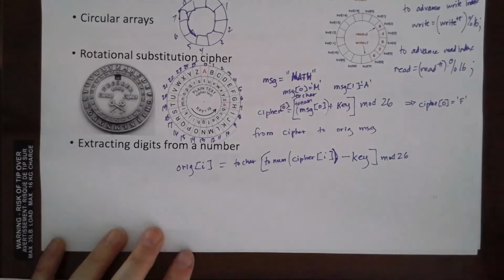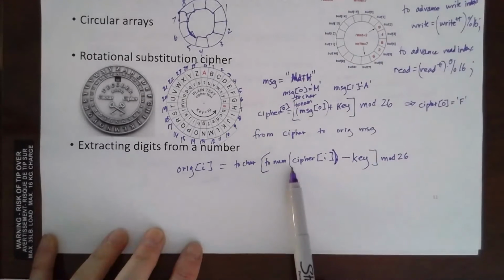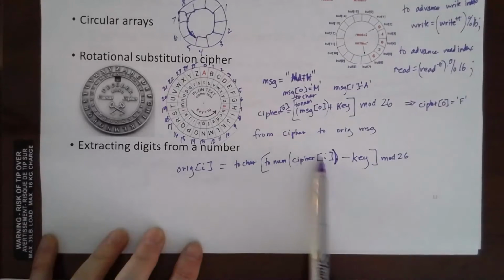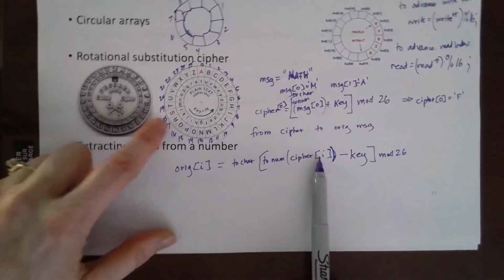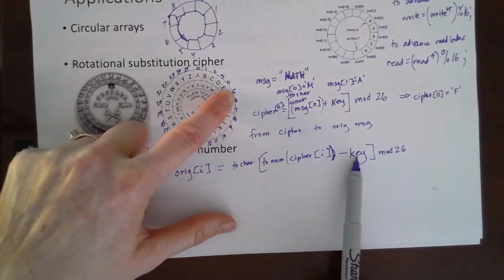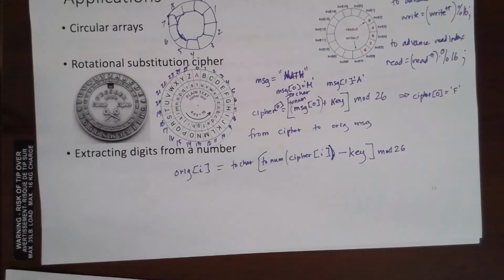So imagine we had this F here, and I want to see what F came from. My cipher one would be F. I would look up that number. F is 5. I would subtract the key, 19, so I get negative 14. And what do I get when I do negative 14 mod 26?